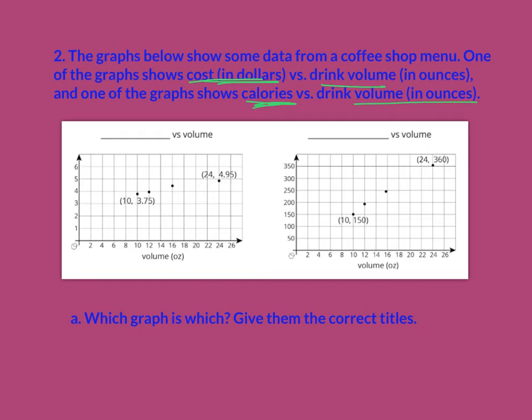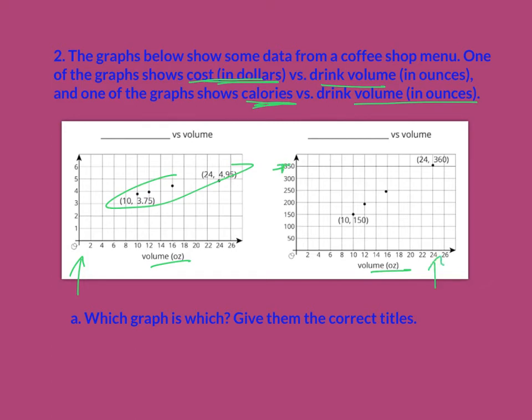Well, let's see. We know that volume is on the bottom for both of them, and we need to decide what is represented on the y-axis. So, in this first one, we see that our numbers just go up by 1, 2, 3, 4, 5, and 6, and we've got these points here. And in this particular graph, we hit 350 for 24 ounces.